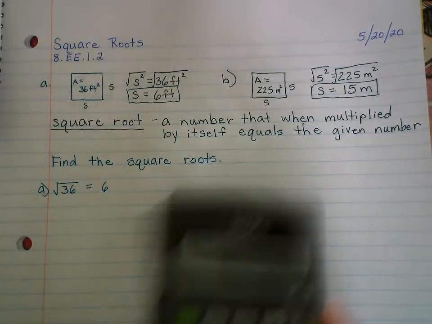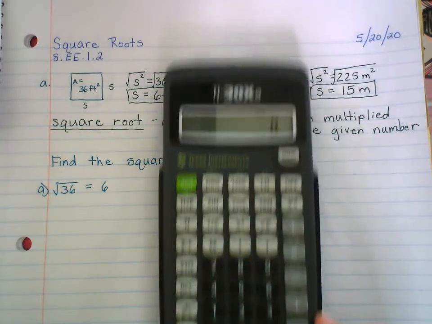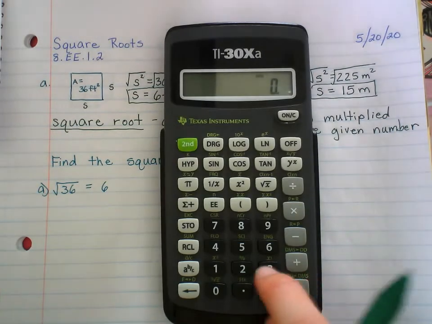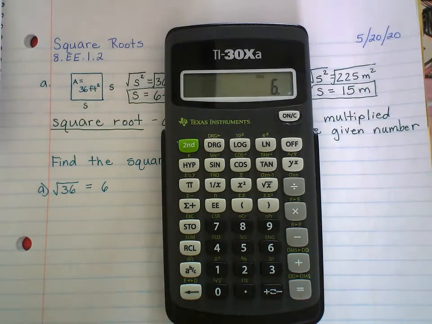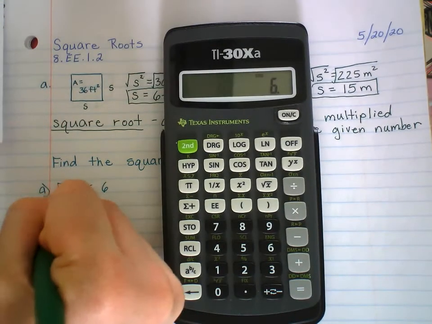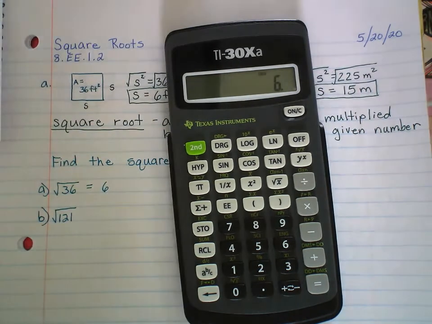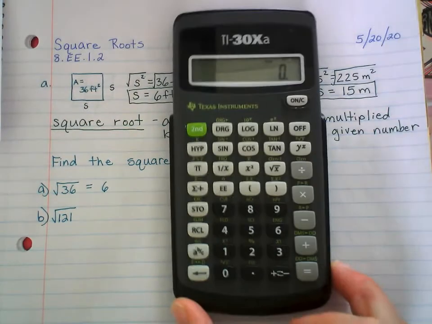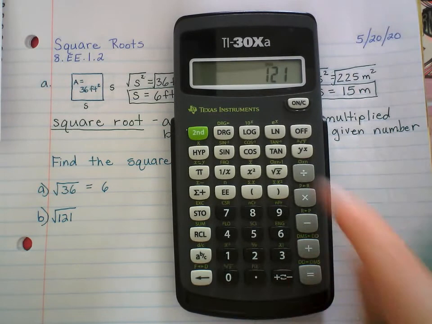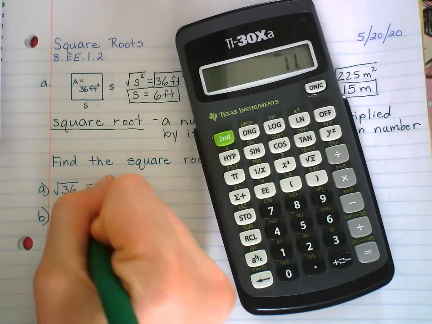Guys, you're allowed to use a calculator. So you literally, let your brain do some work, but square root of 36 is 6. Okay, let's say it's the square root, so radical 121. What number times itself is 121? 11.